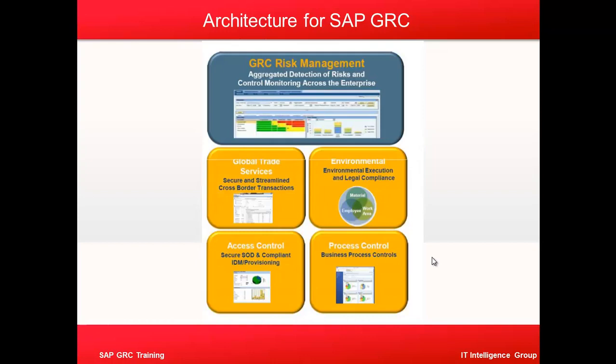In process control, you take care of the business process controls. In environment, you take care of environment execution and legal compliance. Global trade services, where we streamline cross-border transactions.